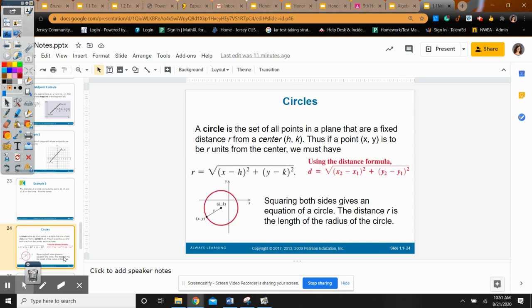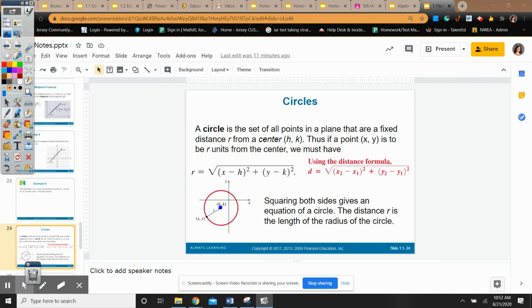Next, we're going to look at circles. Here is the formula for circles. A circle is a set of all points that are the same distance away from the center. And it comes from the distance formula, because they're going to try to get rid of the gigantic square root.